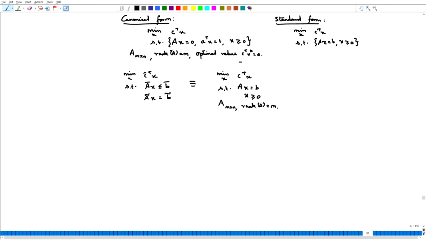So if you are minimizing C1 x1 plus C2 x2 and so on, up to Cn xn, what I am going to do is introduce a new variable, xn plus 1, and fix it to be equal to 1.